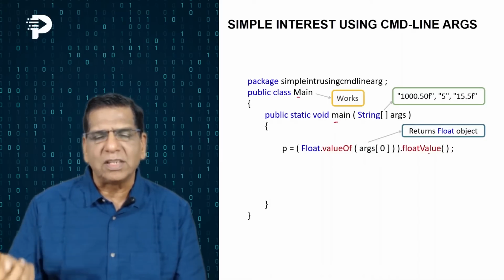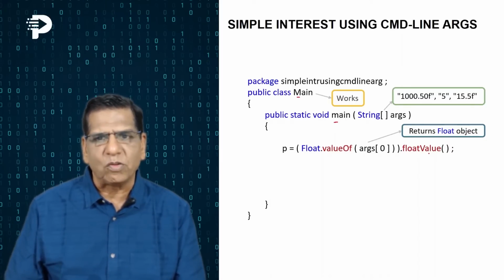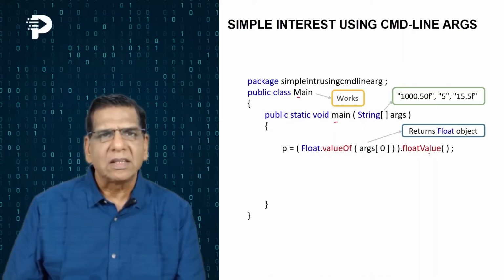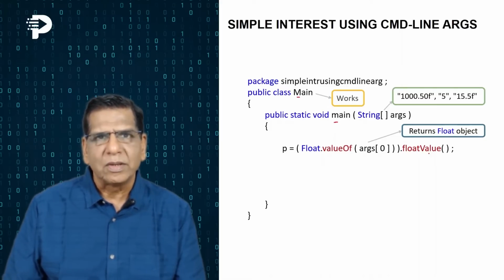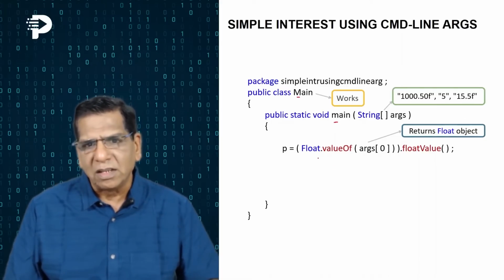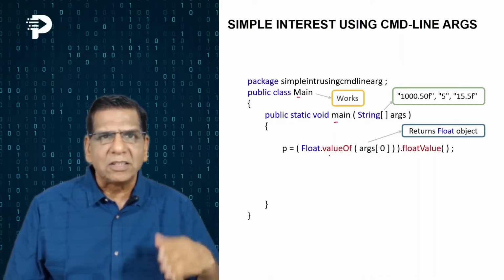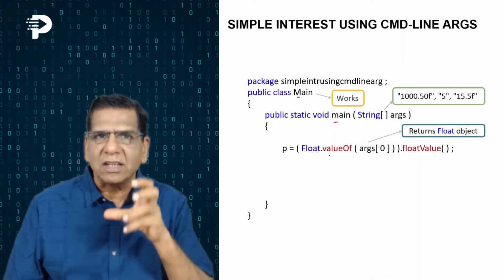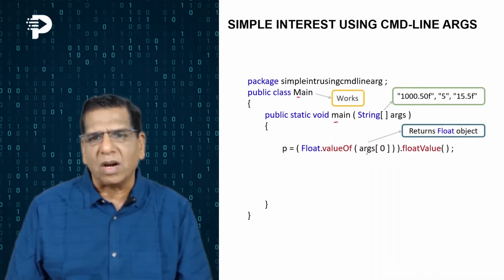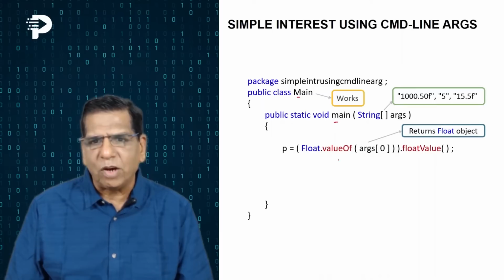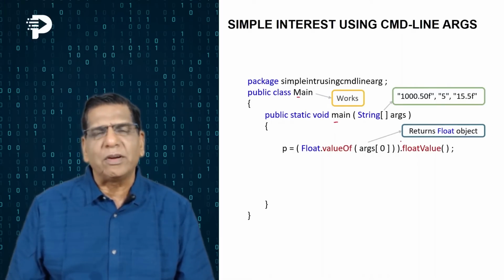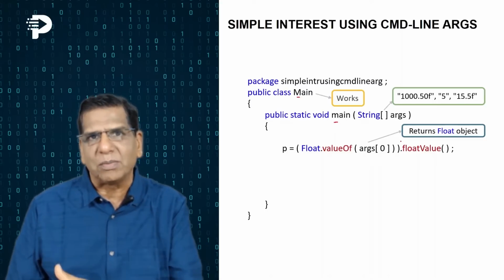Within that Float object, there is a method, there is a function called floatValue, and that is the one that I am calling. What I want you to observe here is that Float is a class. So this is class.method, that's the syntax. Whenever it's class.method, it's always the static method that is being called. Whereas valueOf will return a Float object. On that Float object, when I call floatValue, it's object.method.